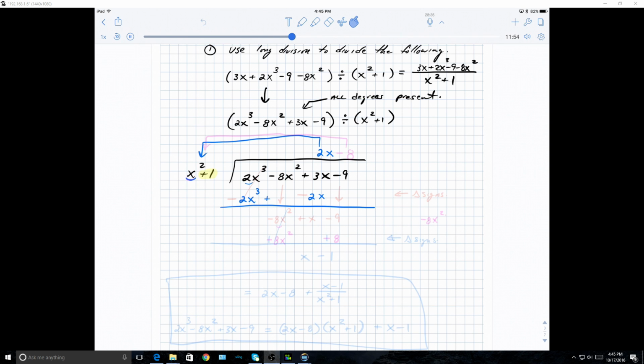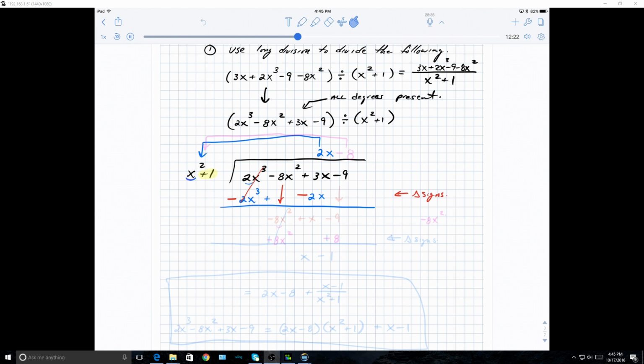Hopefully you can see where I place them under the common terms, right? Alright, and now what we have to do is remember to subtract. At this stage, when you do the subtraction, what you're really doing is just changing all of the signs. So this would now be a negative, and that would now be a negative, and now we just do the same algorithm. That is going to cross out, giving us 0.